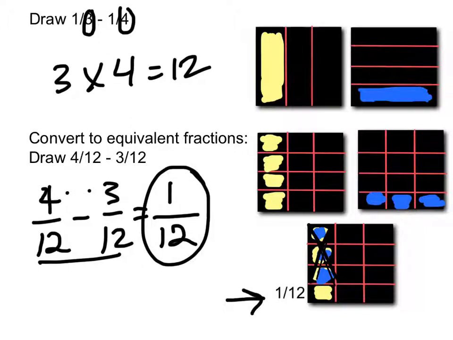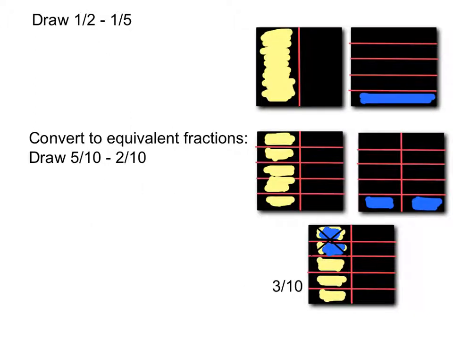Here's our next slide. Here we have our 1/2 vertically, and we have our 1/5 horizontally. I want you to convert to equivalent fractions by drawing 5/10 minus 2/10. We have our 5/10 right here and our 2/10 here.